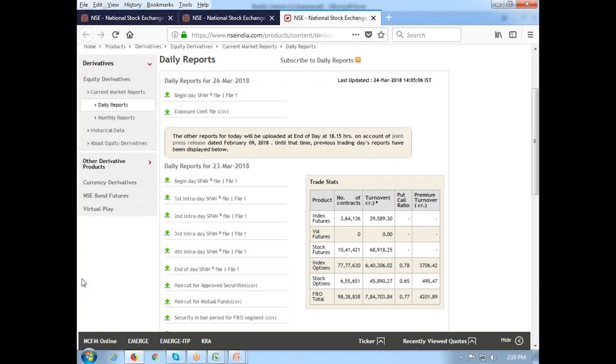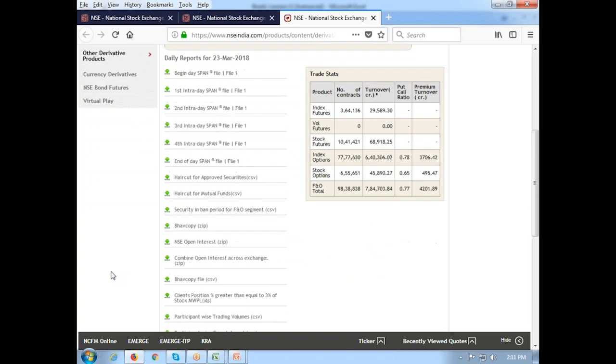And you see there are 1, 2, 3, 4, 5, 6 files for this. NSE keeps on calculating margin on a live basis and sends it to the broker: this is the margin right now, this is the margin right now. If there's a margin shortfall or a drawdown, then the broker needs to pay up. I'm not going deeper into this because that's not the subject of our discussion.